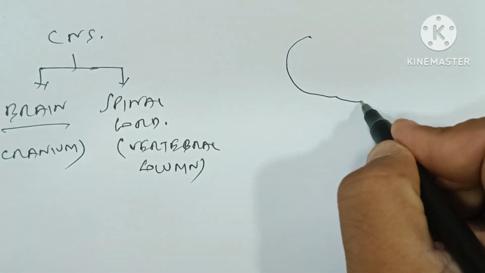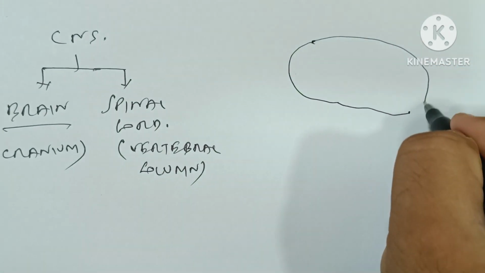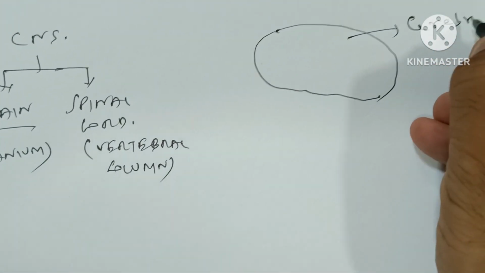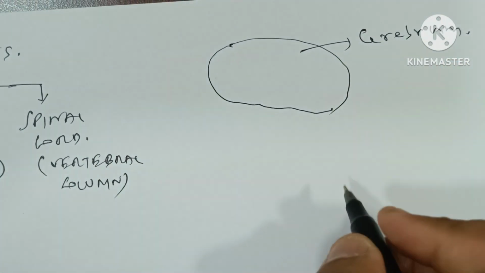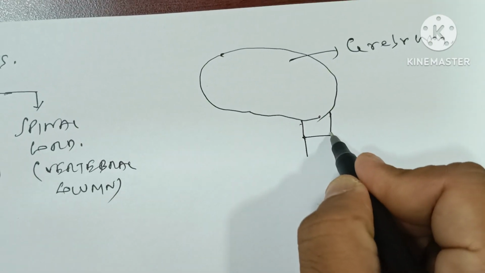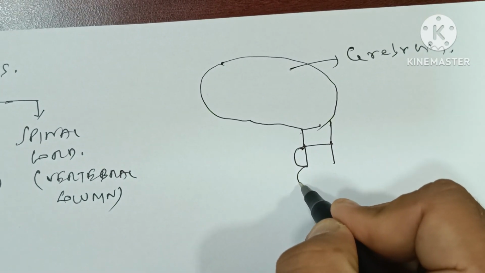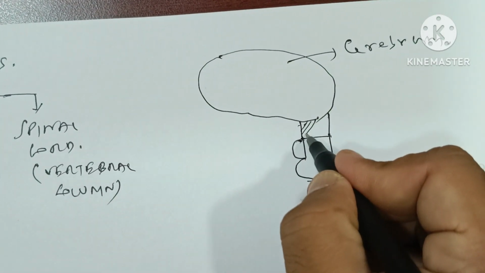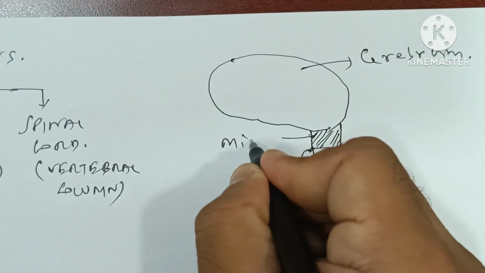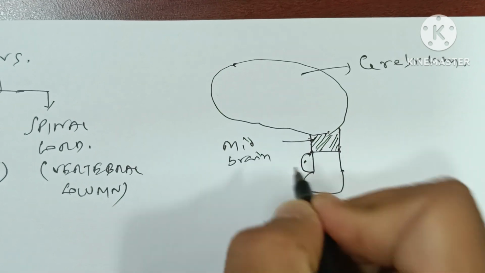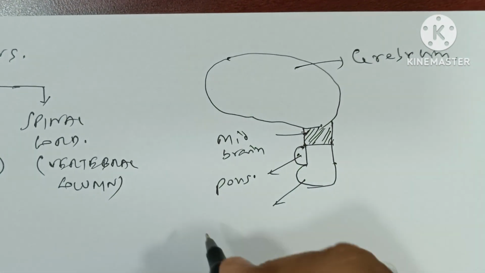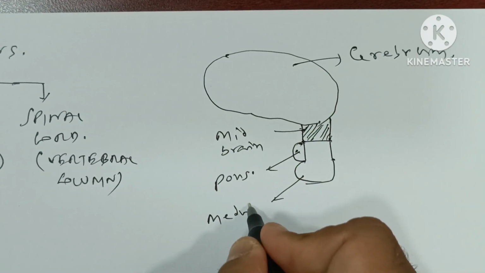The largest part of the brain is called the cerebrum. There is another part called the brainstem, which comprises the midbrain, the pons, and the medulla oblongata.